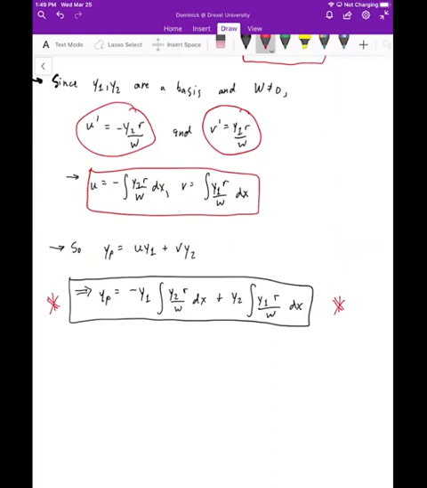Just simply know that if you have a non-homogeneous ODE where your R of X isn't something nice and easy anymore, now you just apply this formula and you can get what your solution would have to look like.